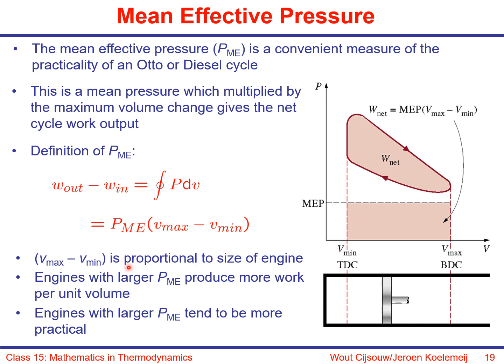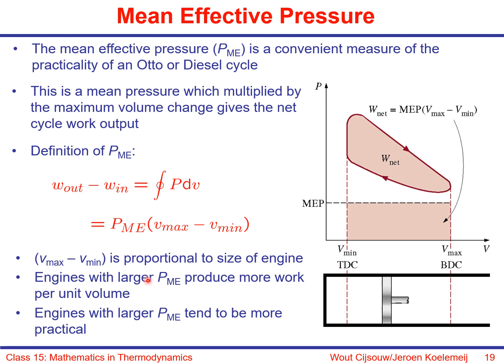Now, this is of course proportional to the size of the engine. So engines with a larger pressure, so this PME is basically this MEP here, this is the same thing. So larger engines and engines with a larger PME produce more work per unit volume.